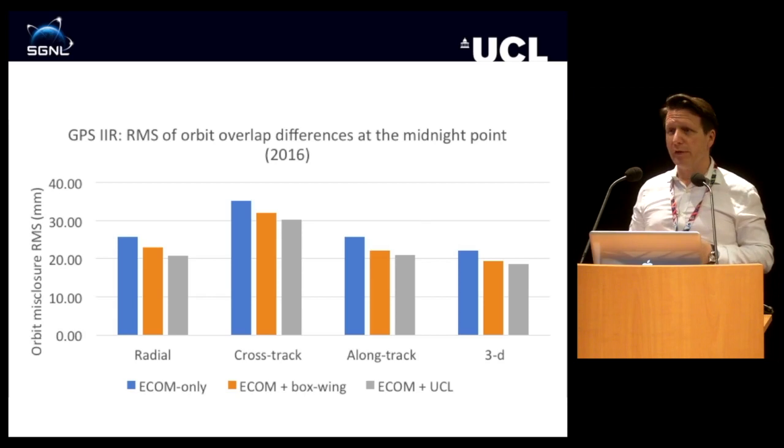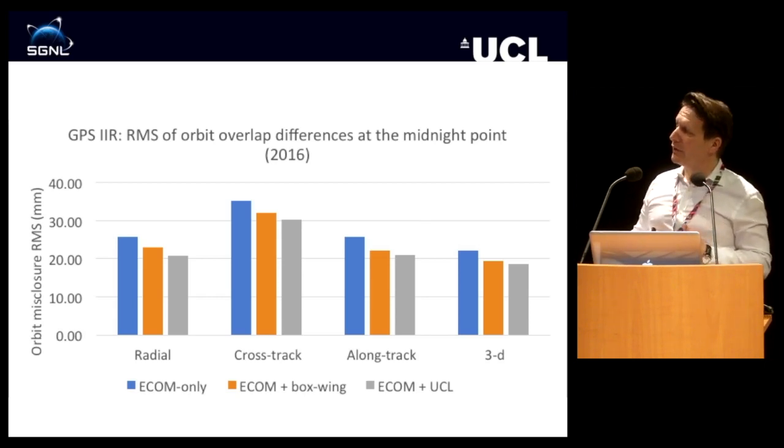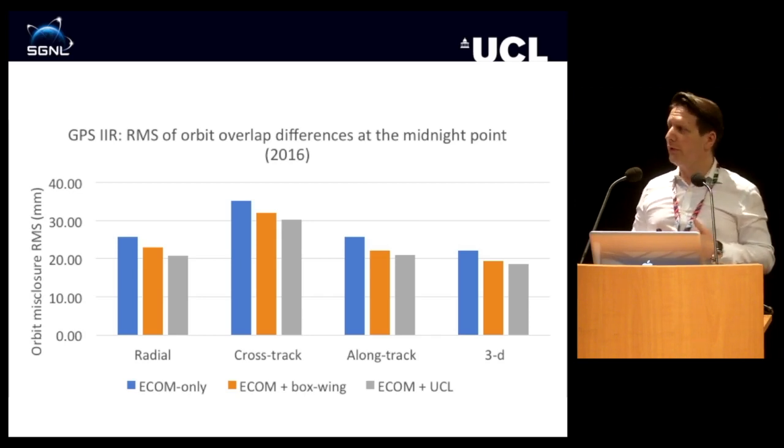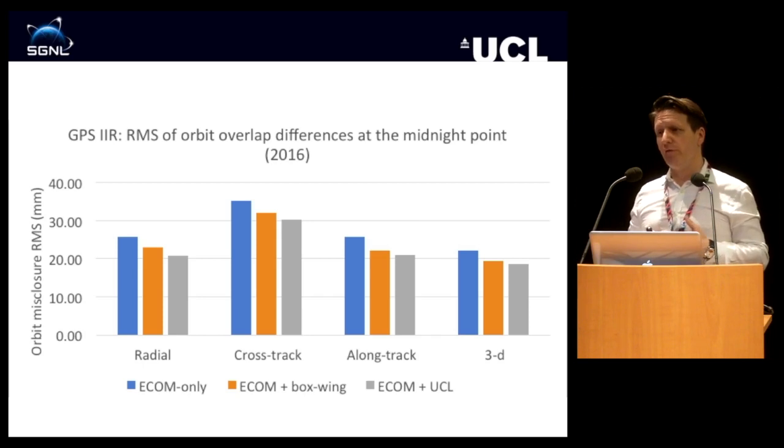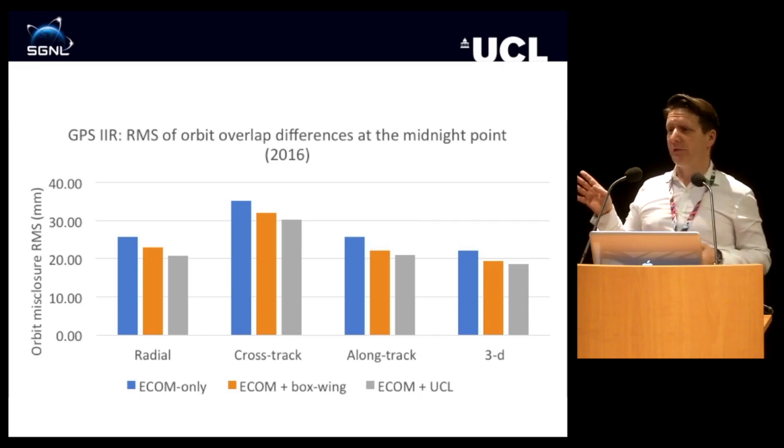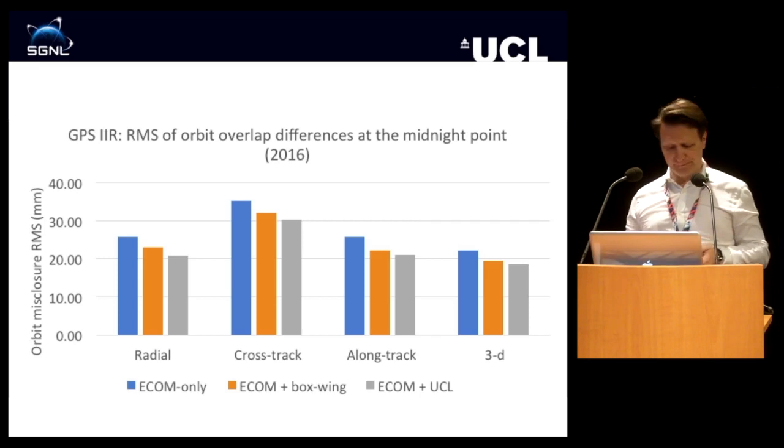And again, what we see is consistently, as you go from the empirical model to the box and wing model to the reasonably good physical model that we've developed, you see consistent improvements in the overlaps. And that means that the precision of the orbital process is improving consistently. Now, this is actually the first time a test like this has been done in the IGS.